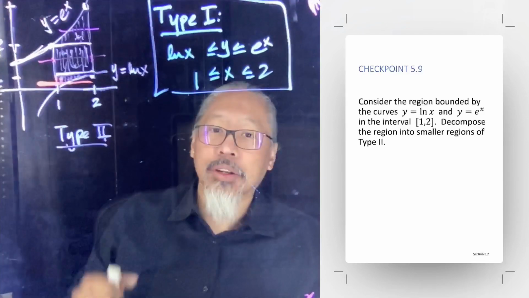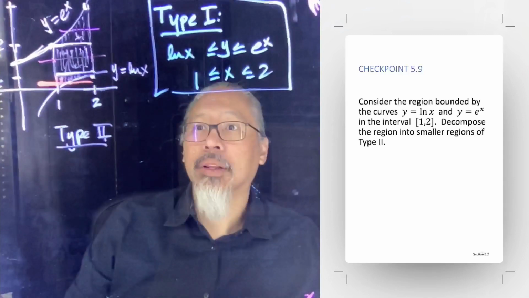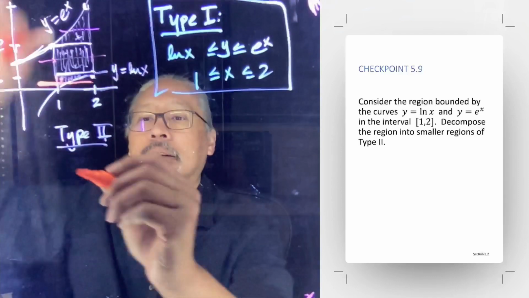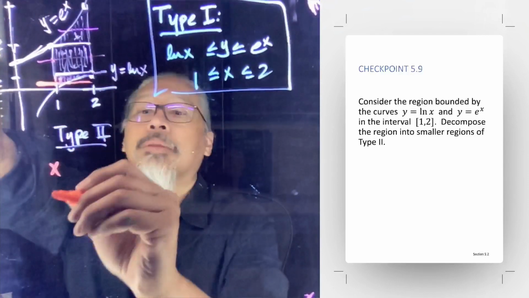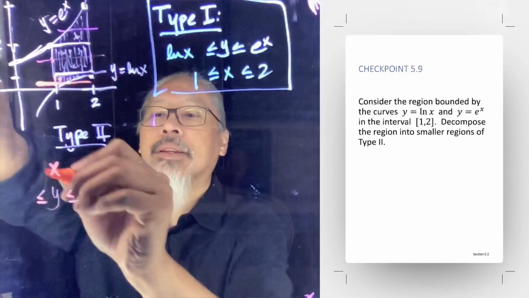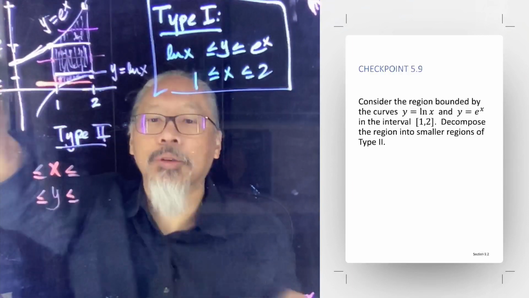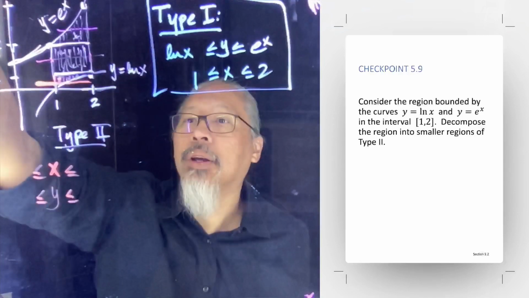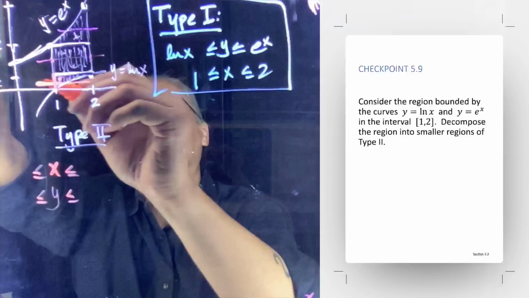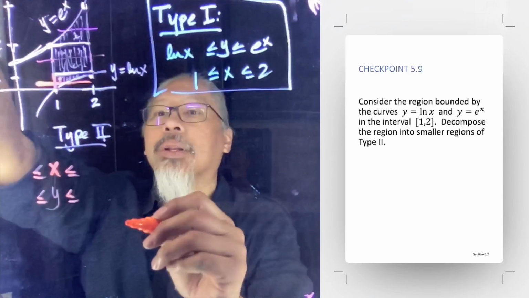So these are going to be the smaller type 2 regions that we're going to look at. Let's first take a look at this bottom one. Now, a type 2 region is going to be integrated with respect to x first and then with respect to y last. So with respect to x first, we need to figure out what x value we're dealing with when we go into the region in the first place.